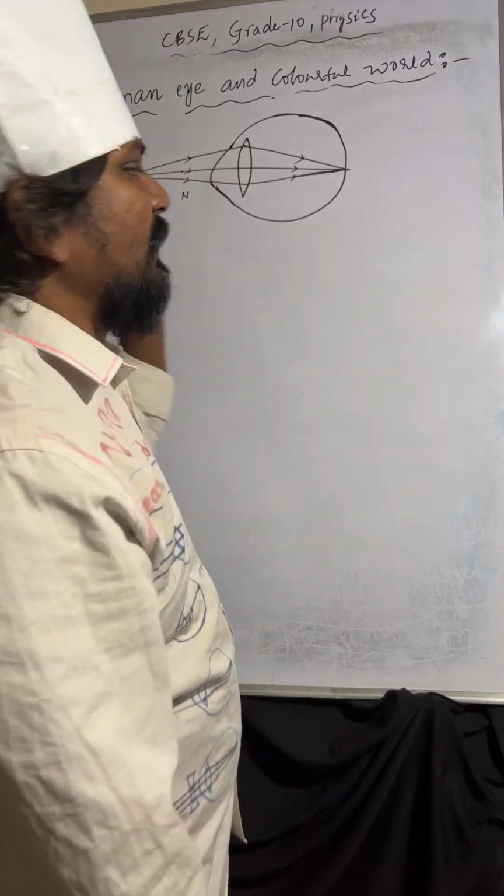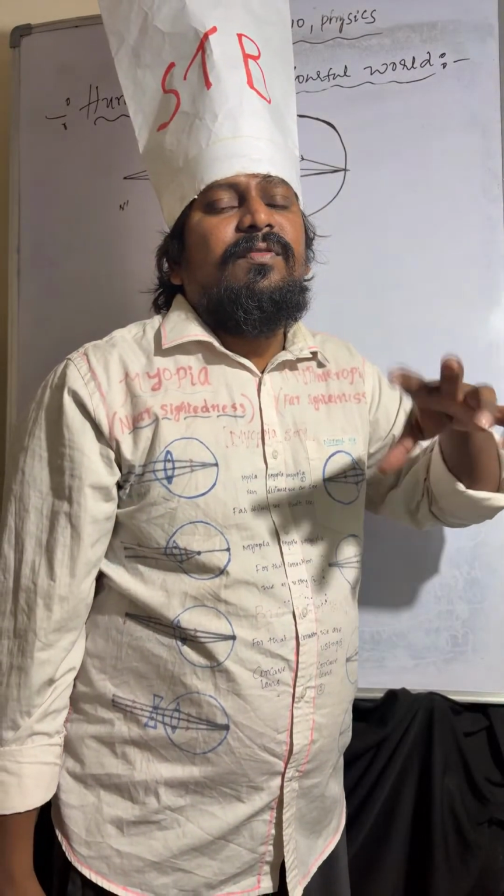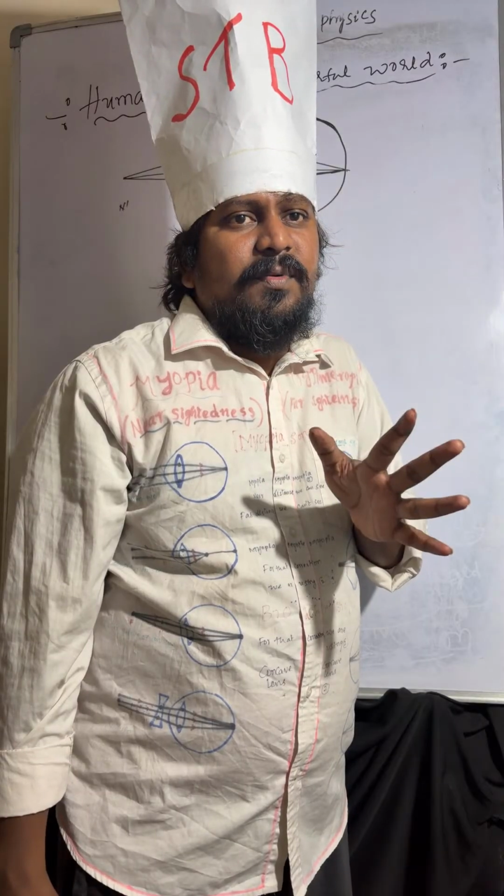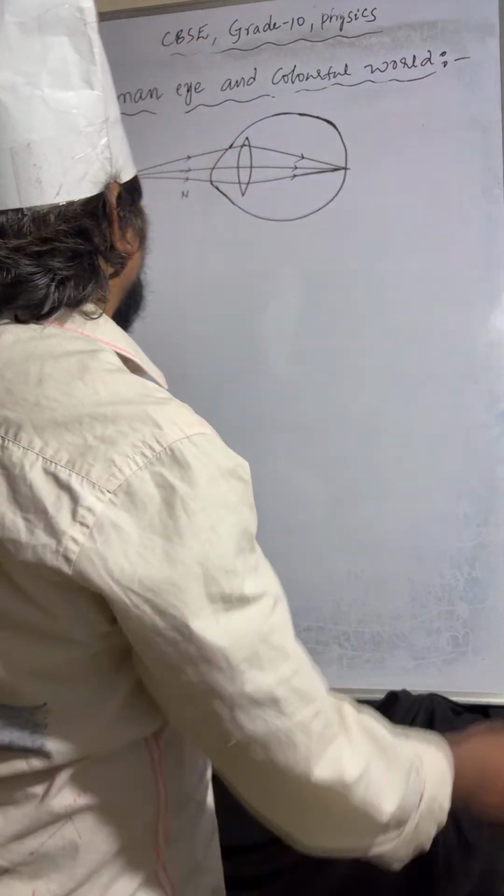Okay, so N dash is the near point of the hypermetropic eye.